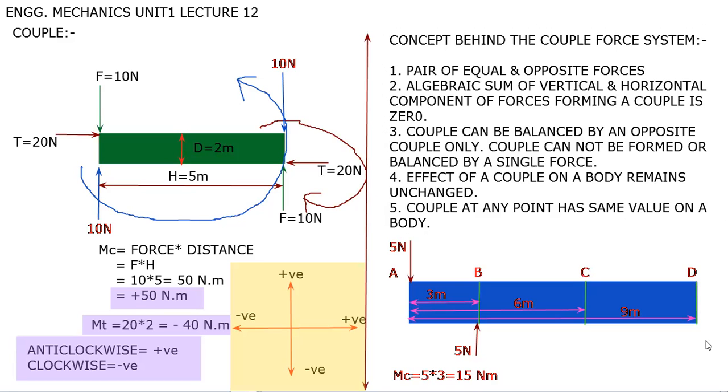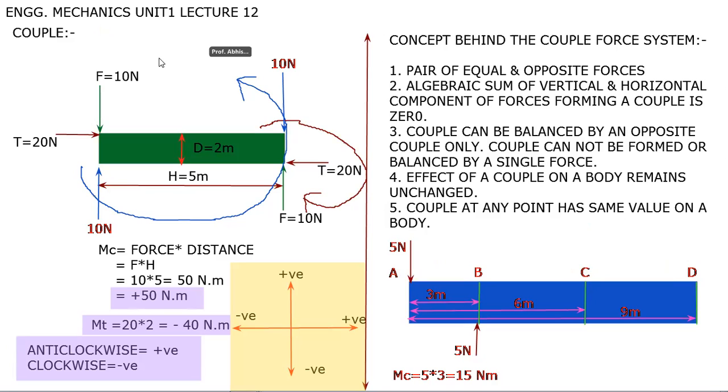Now the moment by the couple at the point A will also be 15 Newton meter, at the point B will also be 15 Newton meter, at the point C will also be 15 Newton meter, at point D will also be 15 Newton meter.